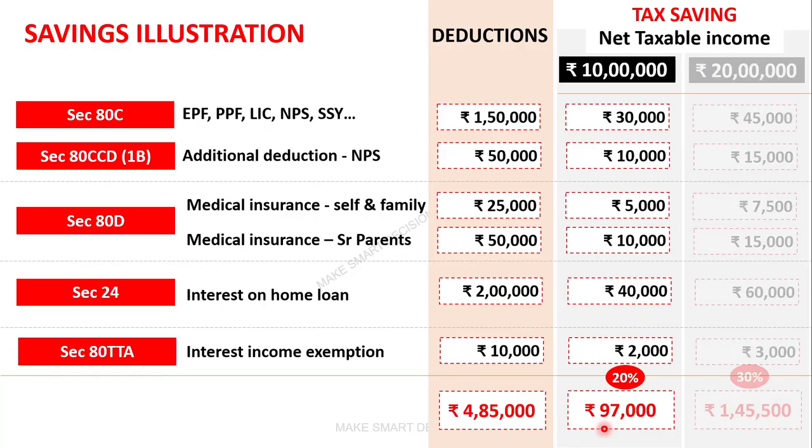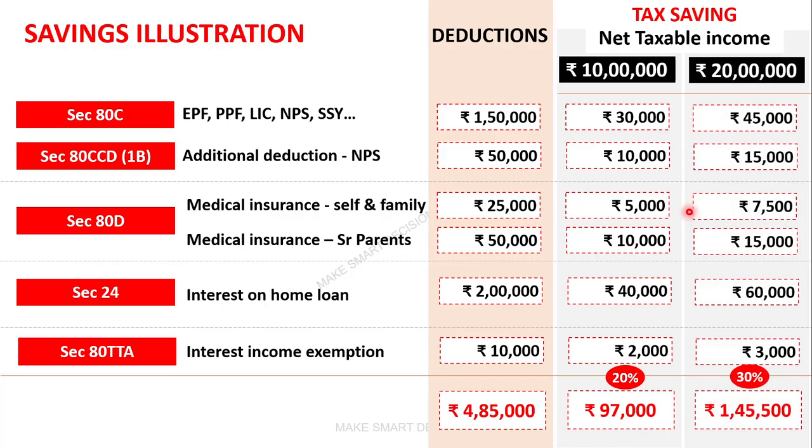Let's say there is another person whose total income is say 20 lakh, and if he claims all these deductions, he can claim 30% of 4.85 lakhs, which translates to 1.45 lakhs approximately. Over and above that, you can also save on your cess, which is 4% of the net tax you're paying.